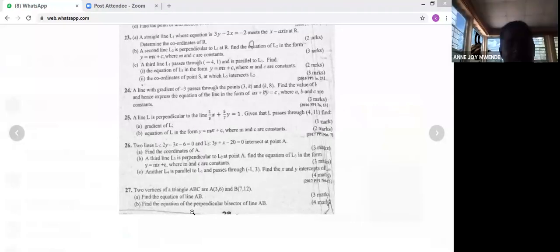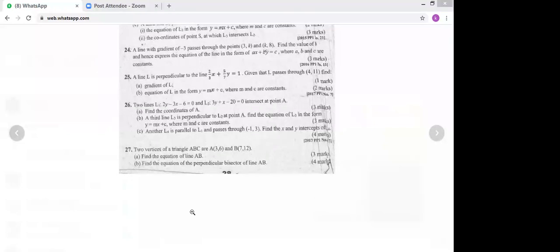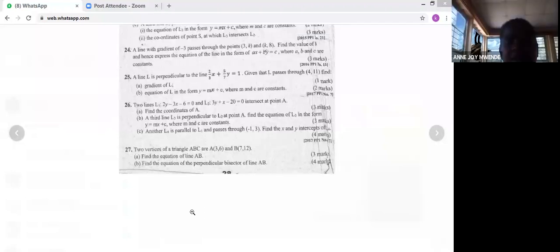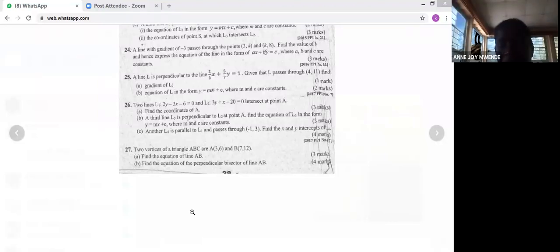Number 26. Two lines, L1: 2y minus 3x minus 6 is equal to 0, and L2: 3y plus x minus 20 is equals 0, intersect at point A. Find the coordinates of point A. Line L3 is perpendicular to line 2 at point A. Find the equation of L3 in the form y is equals mx plus c, where m and c are constants. Another line, line 4, is parallel to L1.